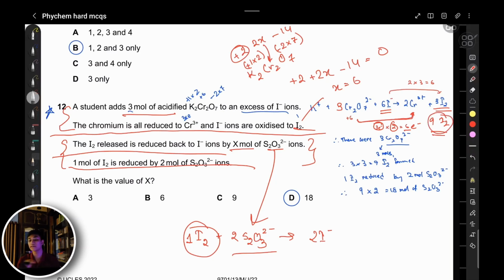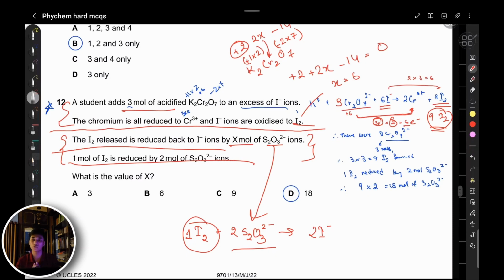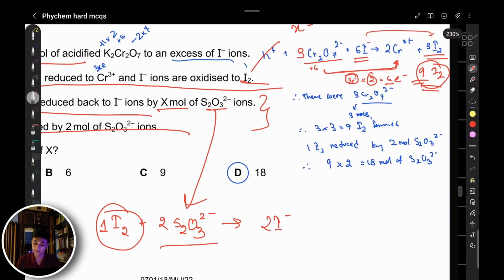We have just multiplied the entire equation with 3 since it was already balanced, and now you're just including the fact that there are 3 chromate ions. So if there are 3 chromate ions, how many iodine molecules are going to be in the product? Times 3, which is 9. So we are starting off with 9 iodine molecules.